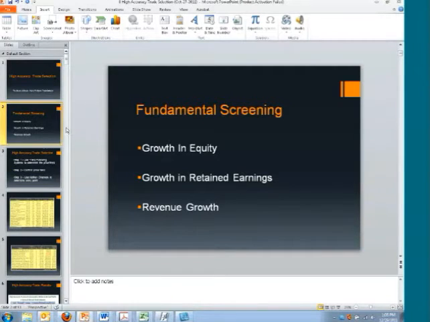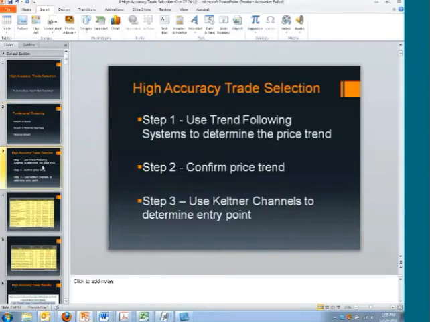What I'm going to do is set up another webinar where we'll go into this fundamental screening in detail. And so once I find a company that has a strong growth rate, then I look at the technical side, and we will select trades using 3 steps on the technical side.